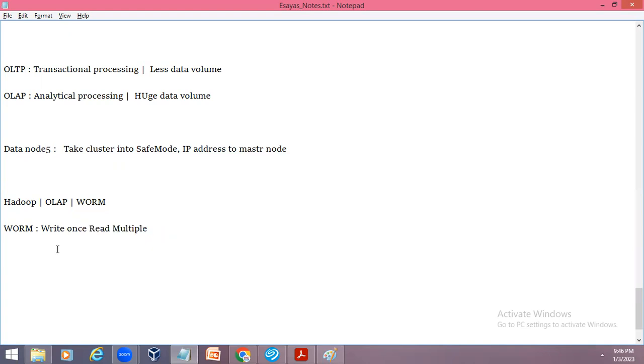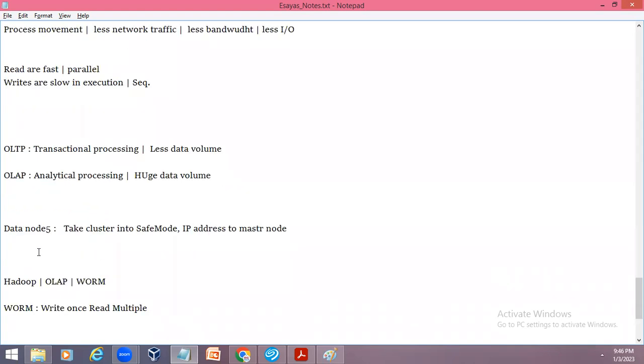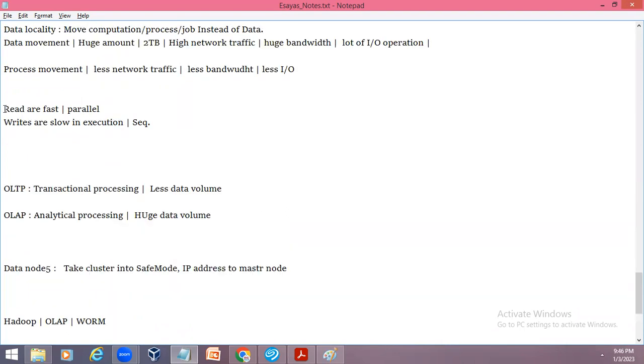Clear on this? See, try to relate all the things, try to connect the dots. That's why Hadoop reads are faster and writes are slow, sequential. That's why we say write once and read multiple, just as we have seen.